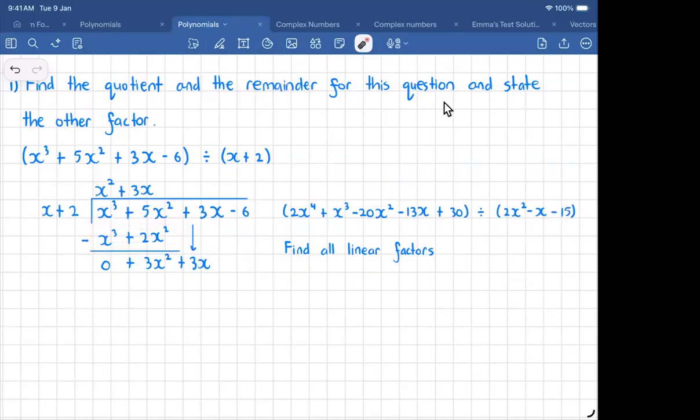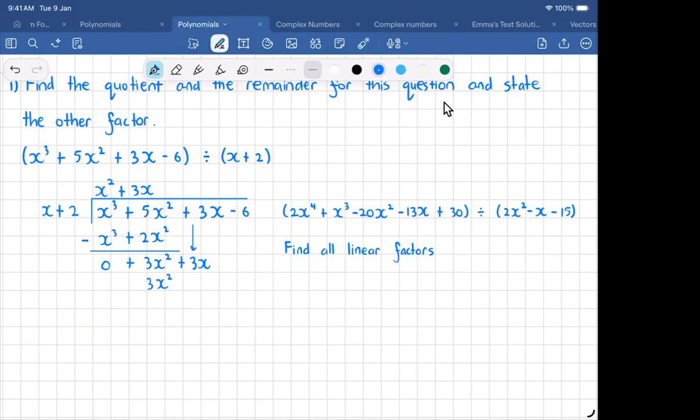So what should I do now that I have 3x on top? Times by the x, right? What is 3x by x? 3x squared. What next? Then the 2 by the 3.